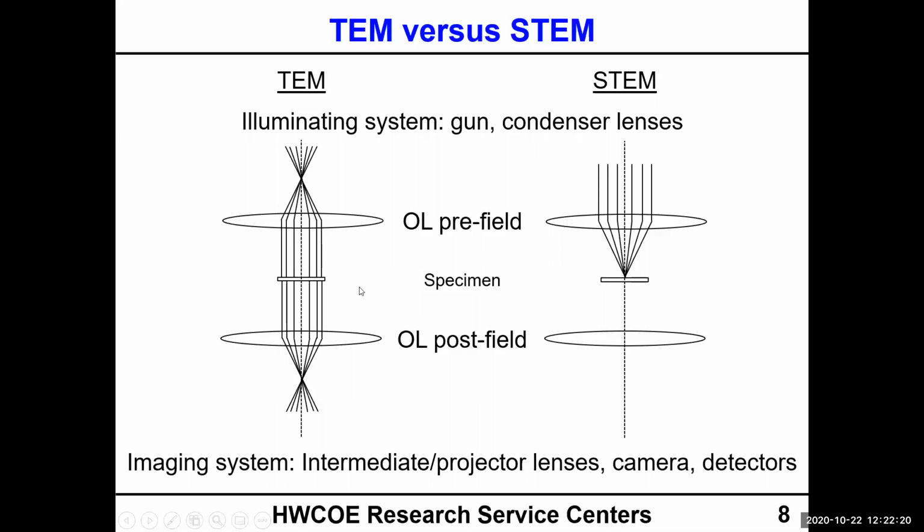In TEM mode, when you're talking about resolution, what happens underneath the sample is what becomes more relevant. So if you're talking about TEM mode, the relevant part of the objective lens is the post-field. That's what's going to be limiting your resolution. Whereas in STEM mode, it's the pre-field that you have to be concerned about.